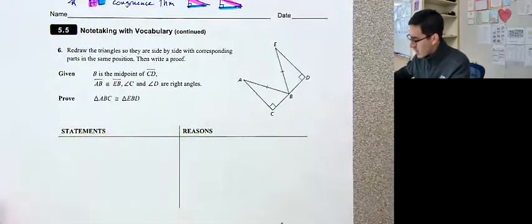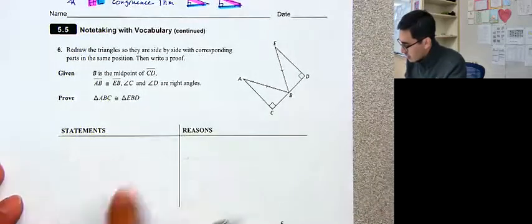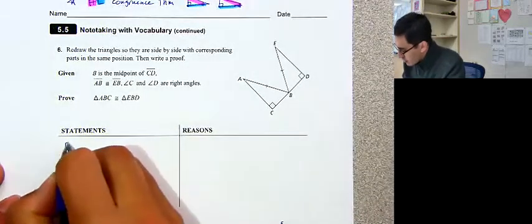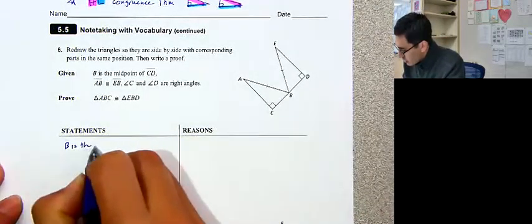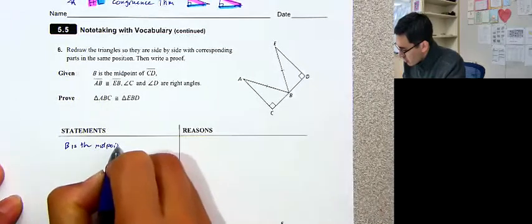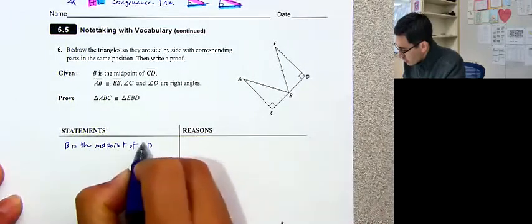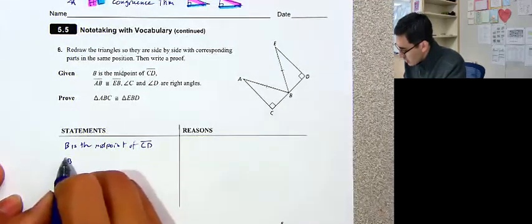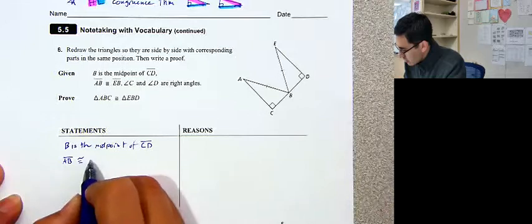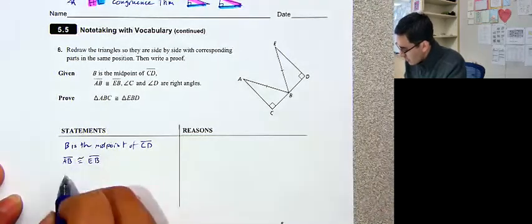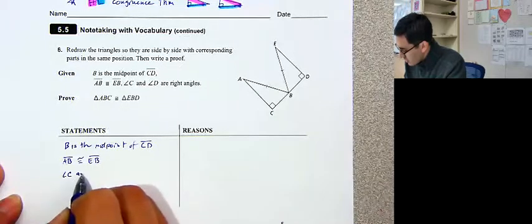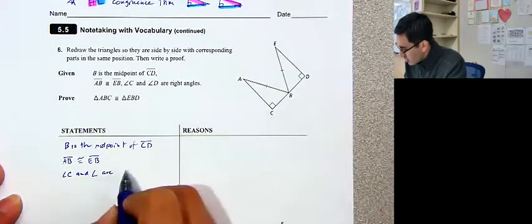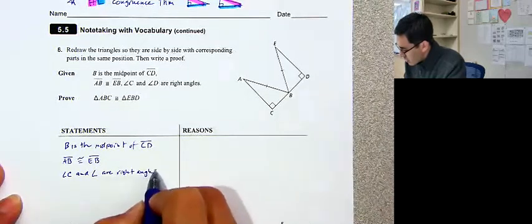So let's go ahead and write all that into our first column here. B is the midpoint of segment CD. Let's see, AB is congruent to EB, and then angle C and angle D are right angles.